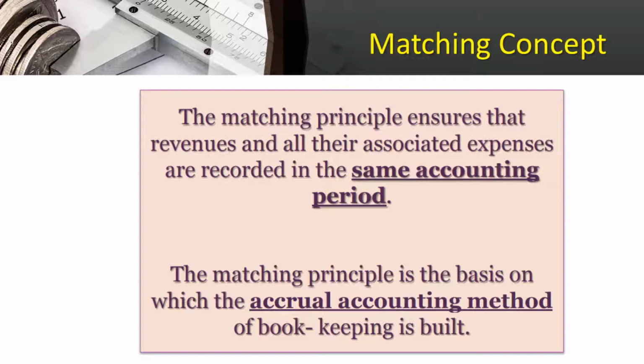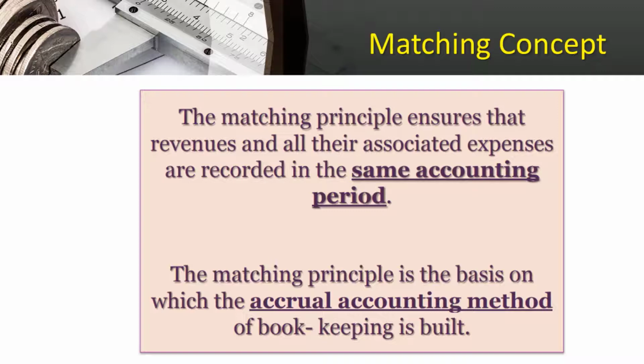Next, we will talk about the matching concept. This concept is based on the accounting period concept. In reality, we match revenues and expenses during the accounting periods. Matching is the entire process of periodic earning management, often described as a process of matching expenses with revenues.